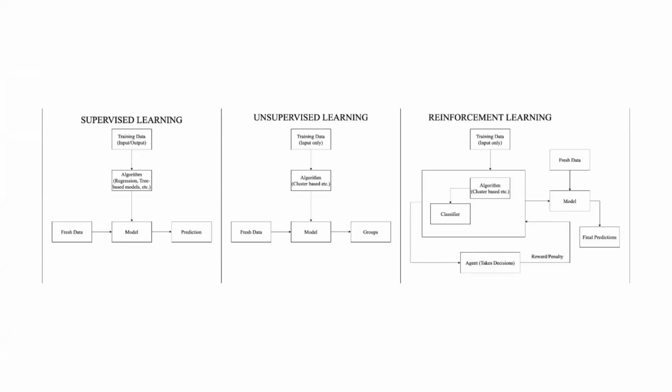Now you put this into the algorithm, maybe a convolutional neural network. If you are doing text, you write some text, you have an output, you take it into the model, and then the model is trained. Then you put in fresh data, and it predicts an output.